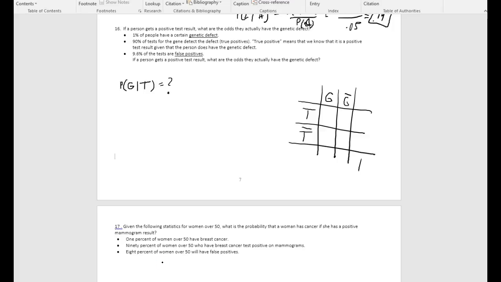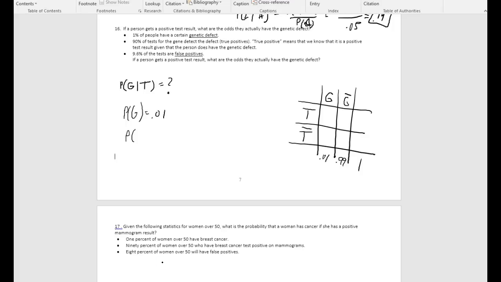So let's write down what we have. 1% of people have a genetic defect. So the probability of G is 0.01. So now we know what the probability of not G is as well. And 90% of tests for the genetic defect detect the defect, true positives. So true positive means that we know that it is a positive test result given that the person does have the defect.